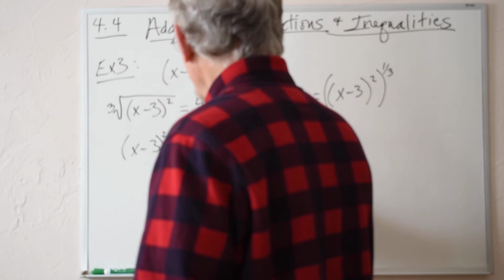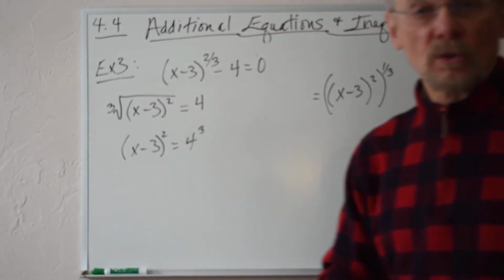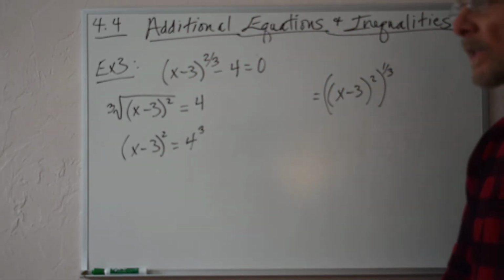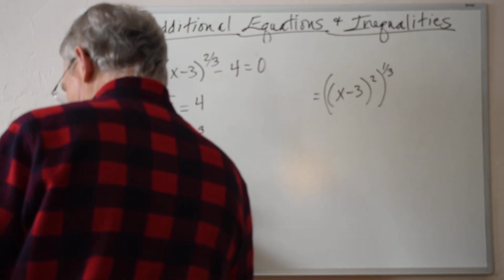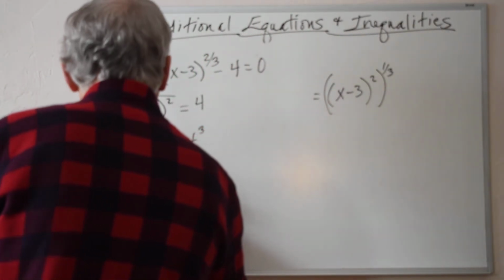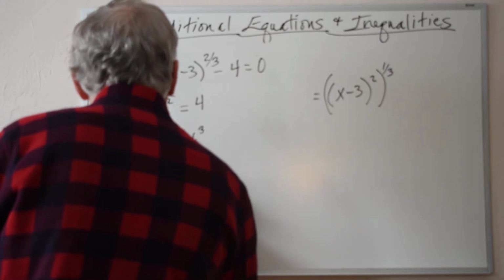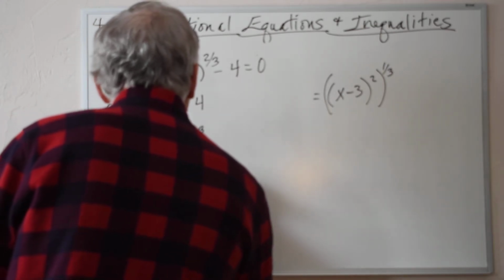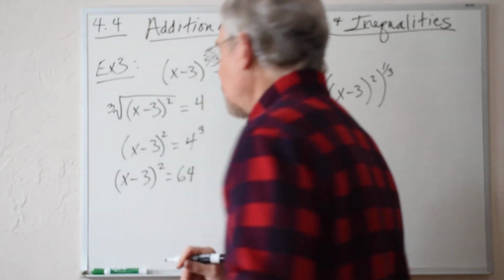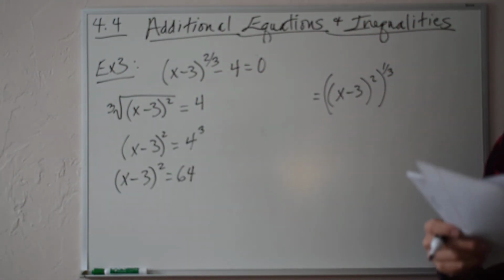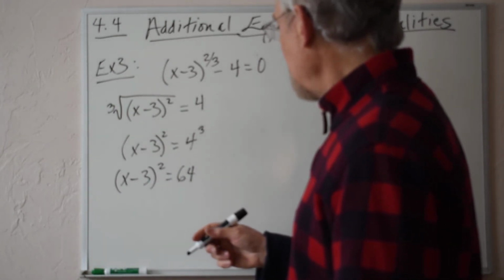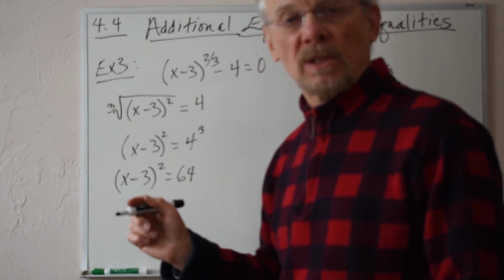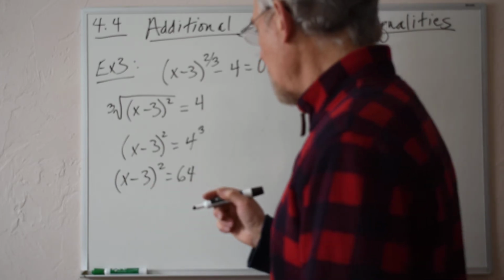And of course, I have to cube the other side, because in an equation, whatever you do to one side, you have to do to the other. So now I have x minus 3 quantity squared equals 64, because 4 times 4 times 4 is 64. And lucky for me, I don't have to go through my steps of solving a quadratic equation.